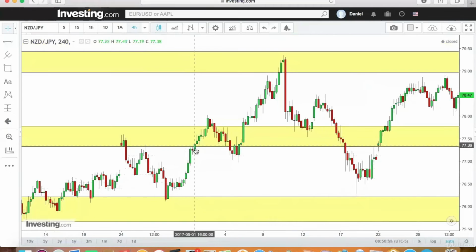And even if you took the trade out here, you made a great entry and a great exit. You caught nice pips and you had an amazing trade.